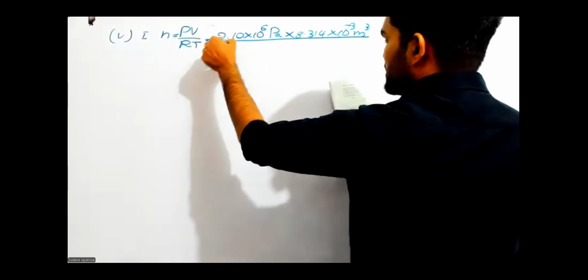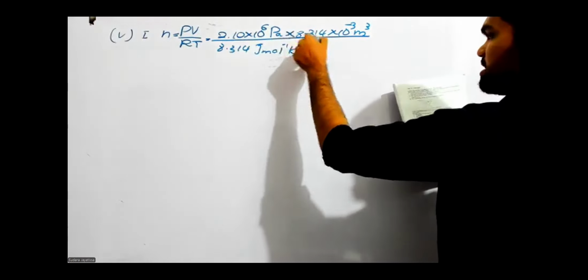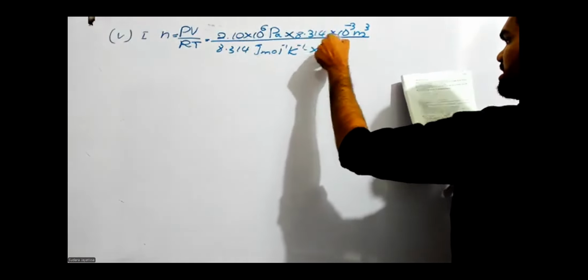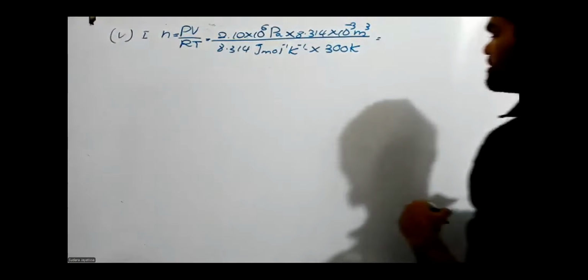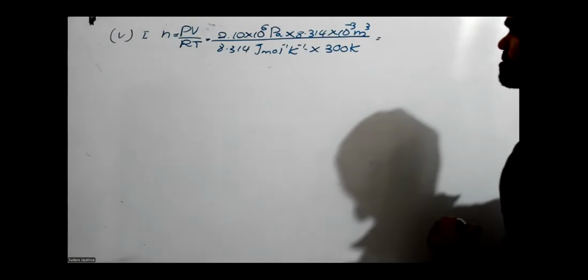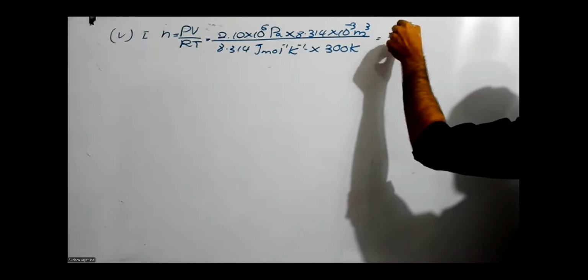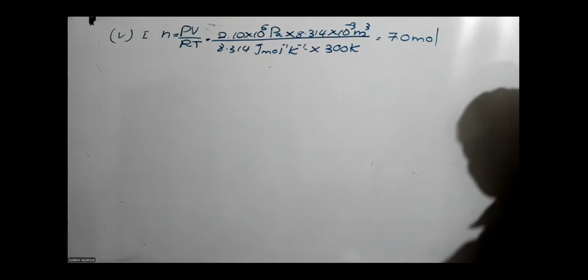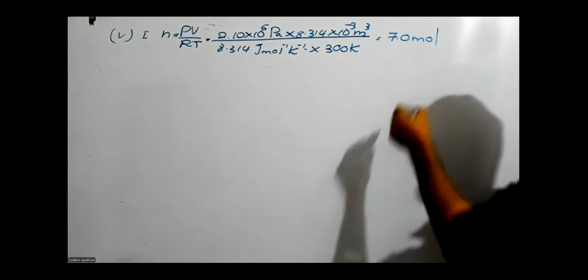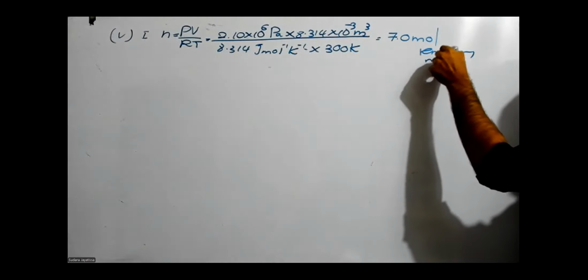This value is 8.314 joule per mole per Kelvin. And temperature was 300 Kelvin. Okay, so how many moles? 21 divided by 3, 7.0 moles are there remaining. This is the remaining moles.